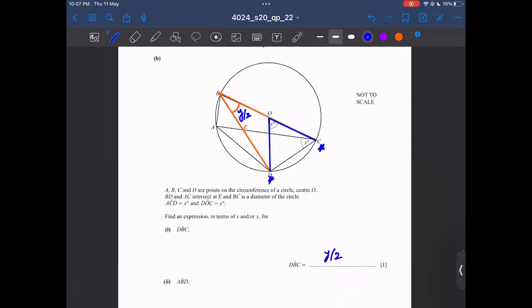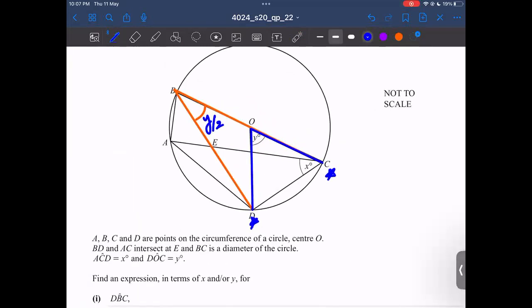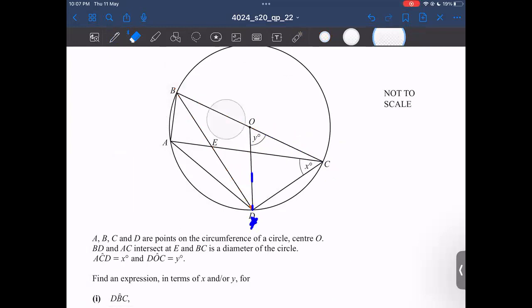Then it says find the angle ABD. Where is ABD? Let's find this ABD. This is y by 2. What is ABD? This angle is ABD.